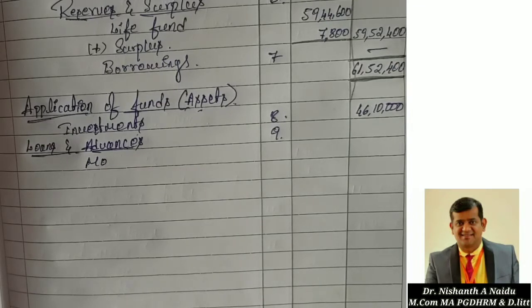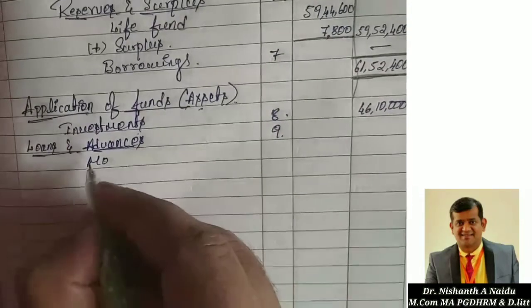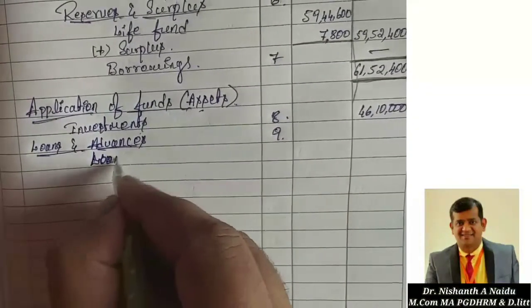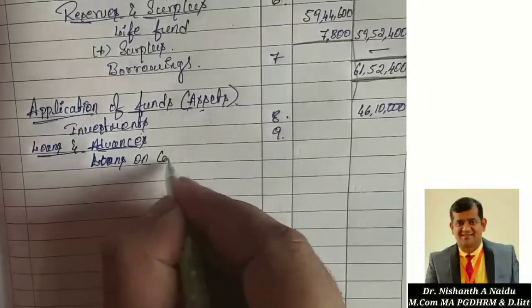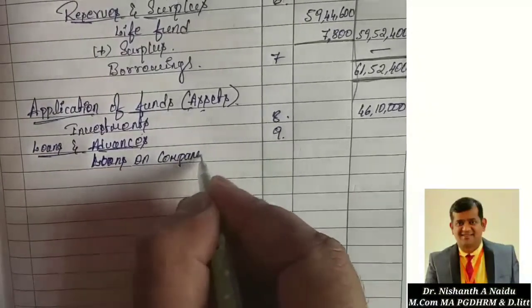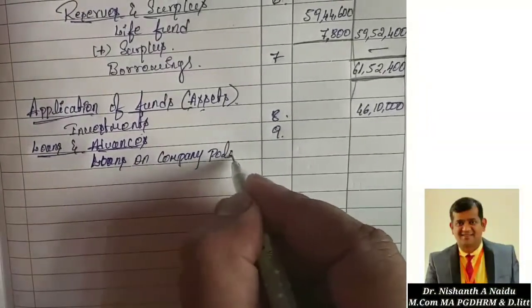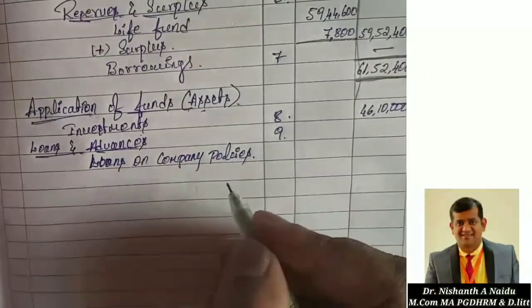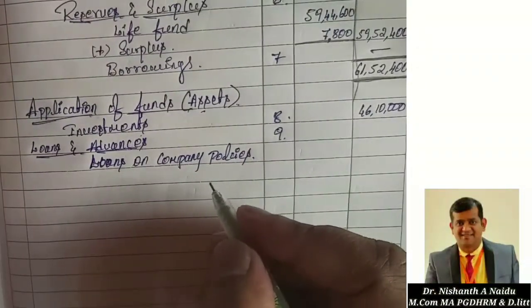That is one item we have. Then loans on company's policies, one more item we have, correct? So we have 2. First you have to take loans on company's policies. So how much? 3,47,200.